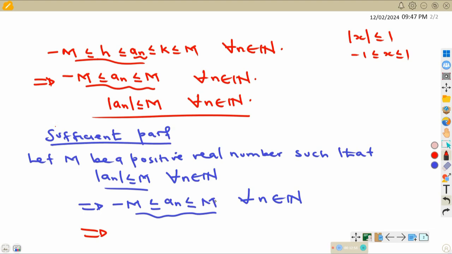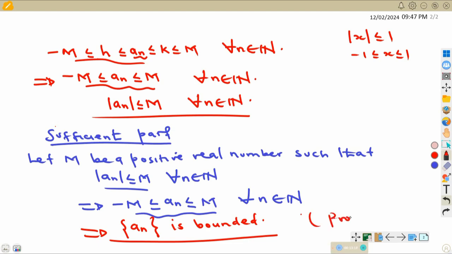And if this is the case, then we can easily say that the sequence a_n is actually bounded. So from here, we have this one proved. So this is also proved. We have proved both parts, and that will be the required proof.